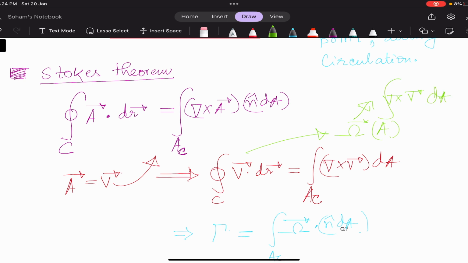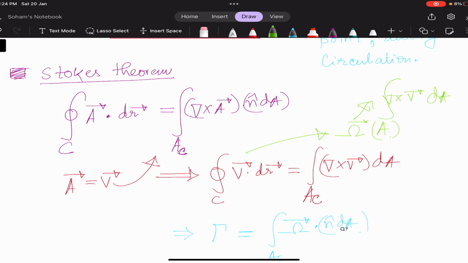This is one of the tricks: you only have to remember that there is a relation between the circulation and vorticity, and that boils down to the Stokes theorem. For me it was easier to remember the relationship between the vorticity and the circulation.